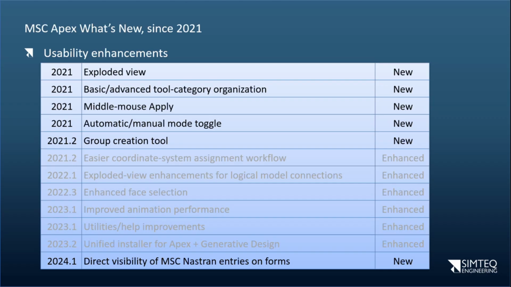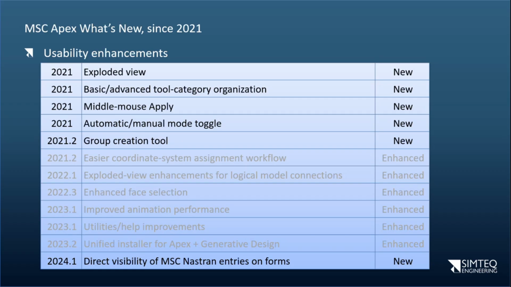Then enhanced face selection, improved animation performance, utilities and help improvements, unified installer for Apex and generative design. So this is an important one. It's also mentioned somewhere else that you now switch between Apex and generative design within the same user interface. So it's no longer two different installations.